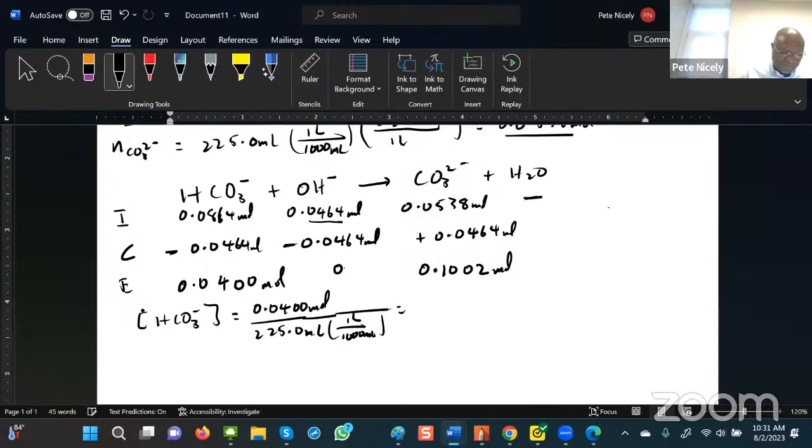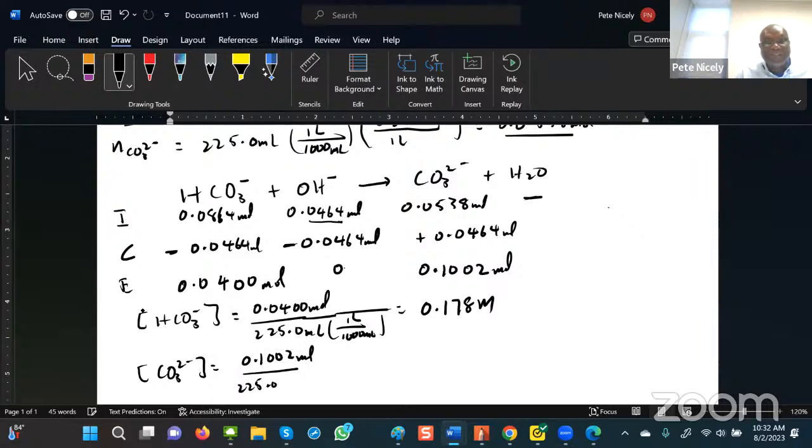And let's see what that gives, 0.0400 divided by 225, which itself is divided by 1,000. Okay, so according to my calculation, I got 0.1, how many sig figs? 3 sig figs, so 0.178 M. And then I do a similar calculation for the carbonate. In that case, it's the moles, which is 0.1002 moles divided by 225.0 mL.